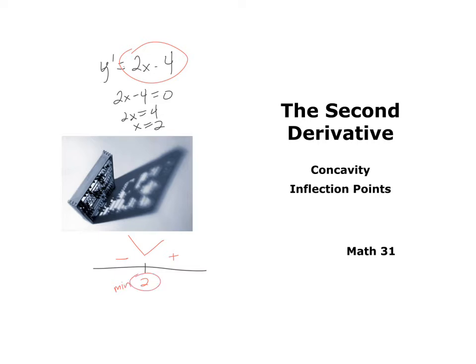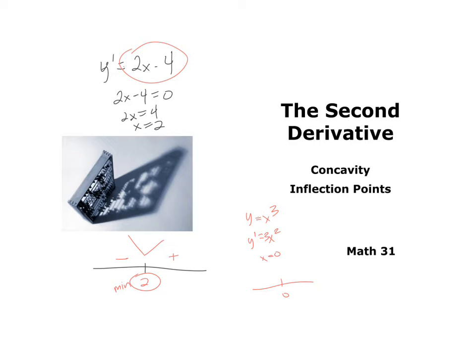Okay, so that's what we did previously, but the issue with first derivatives is sometimes we don't know if it's a max or min, and sometimes it's neither. If we did an equation like y equals x cubed, the first derivative would give us 3x squared, so if we make that equal to 0, we would still get 0 as a solution.